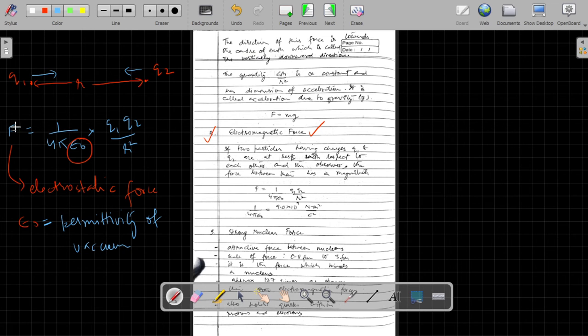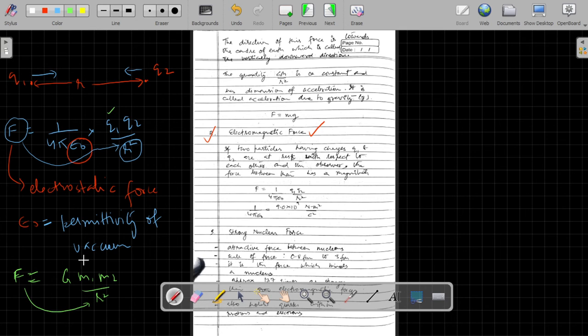As we see, this force F is also an inverse square law. It is inversely proportional to the square of the distance between the two charges, and this was also the case with gravitational force. The gravitational force was G m1 m2 upon r square, and that force also is inversely proportional to the square of the distance between the masses.